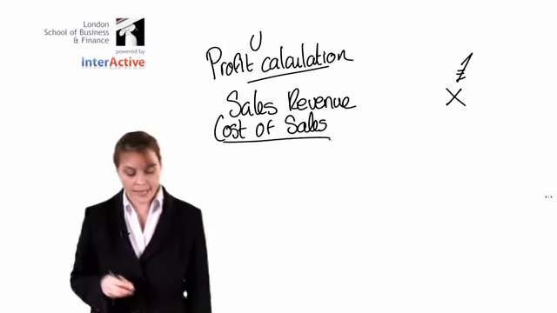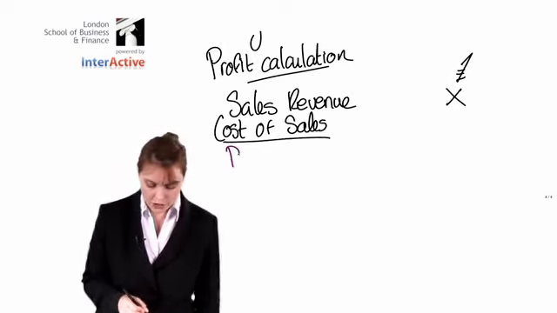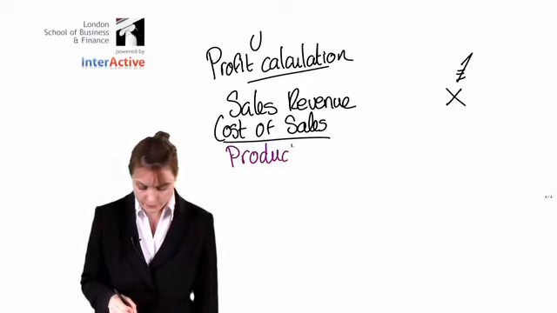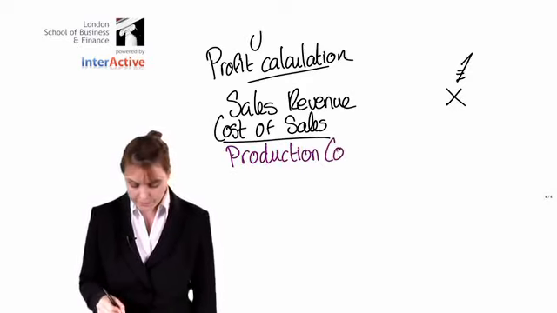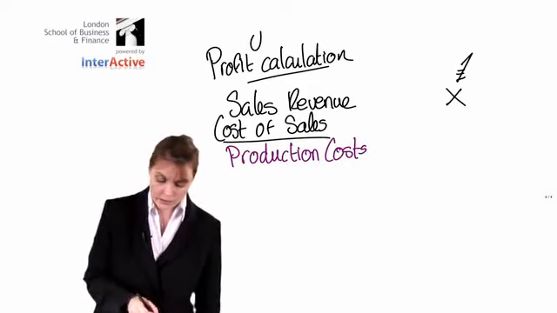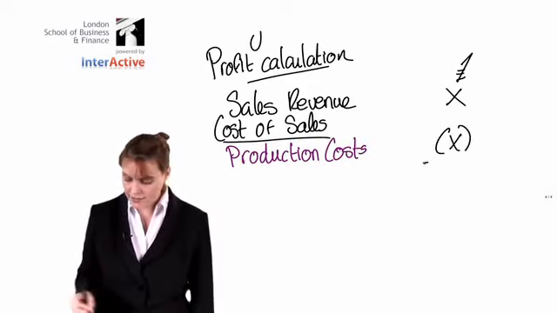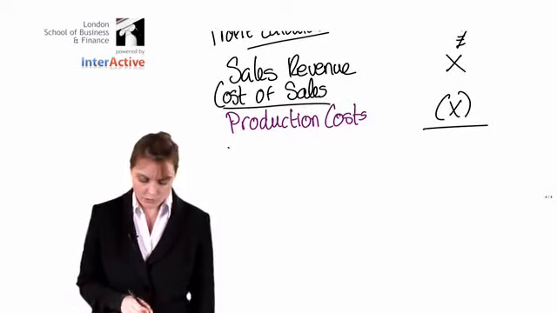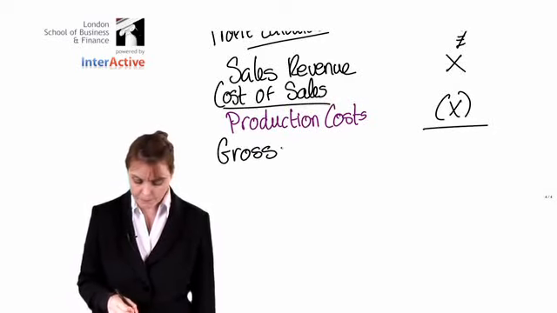Now, the cost of sales will be production costs. Subtract that from sales revenue to give us gross profit.